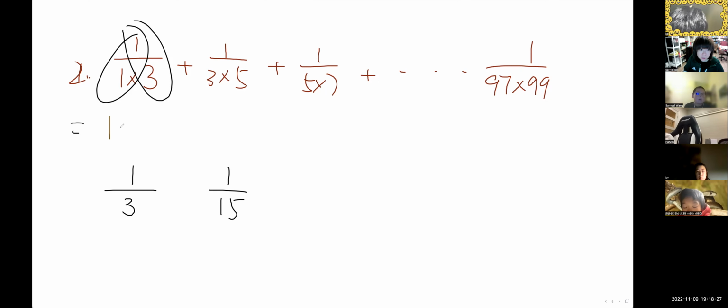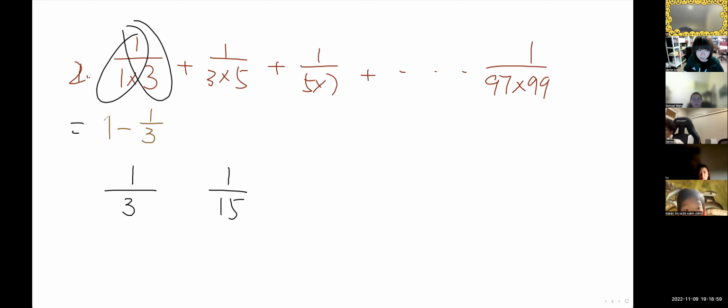So let me ask you. Kai said, okay, the teacher is always like this, the first minus the next one. So 1 minus 1 over 3. My question is, does it equal 1 over 3? Is it equal to, Samuel? No, 1 minus 1 over 3 equals 2 over 3.